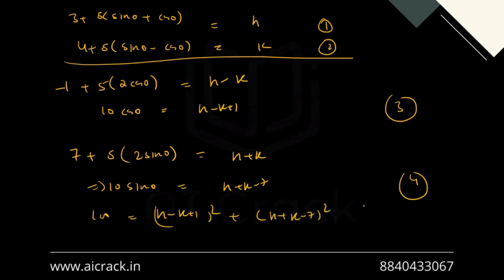So this is the final locus. Replacing h and k with x and y, I get (x minus y plus 1) whole square plus (x plus y minus 7) whole square equals 100.